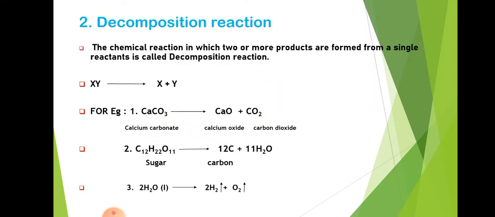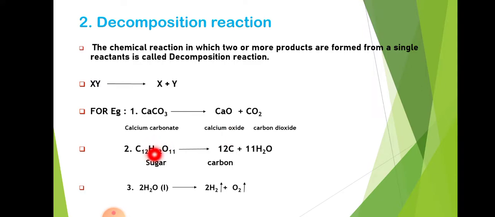Okay? Yes. Here you can see one example: CaCO3, calcium carbonate. It breaks to form 2 products, that is calcium oxide and carbon dioxide. Okay, here you can see carbon and hydrogen are formed from sugar.